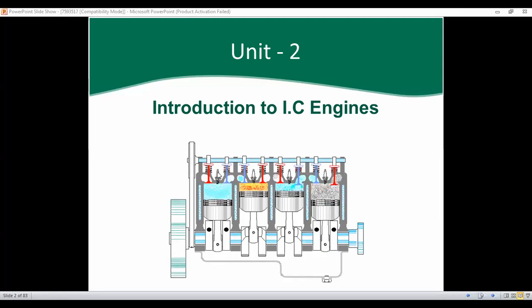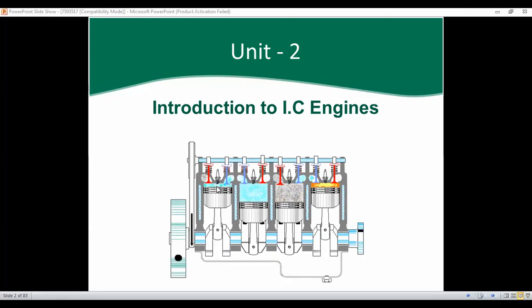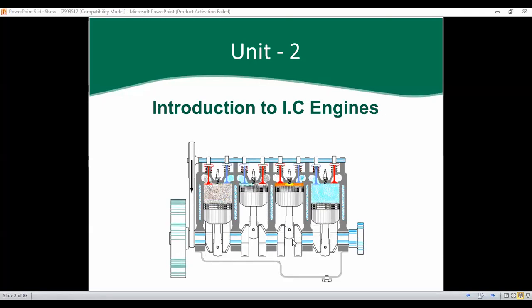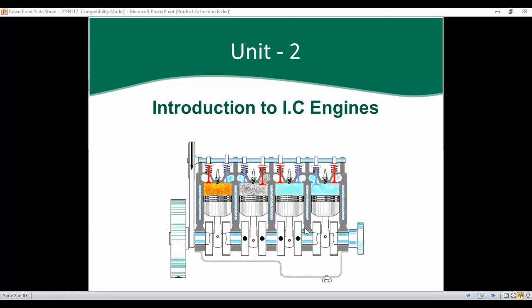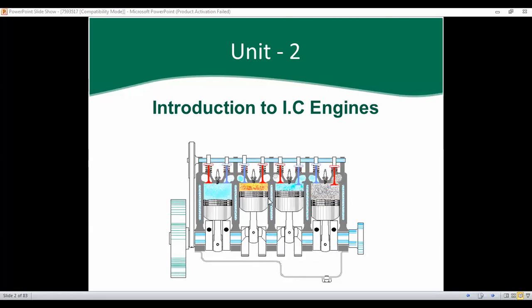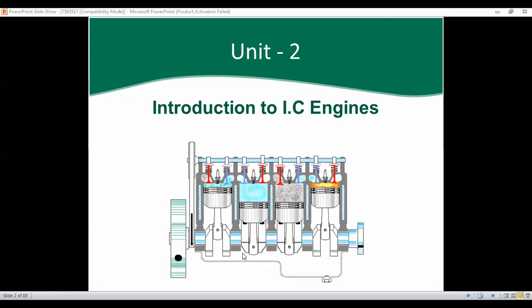This is your spark plug here. So 1, 2, 3, 4. We can say that this is a 4-cylinder IC engine. One flywheel is there, and 4 pistons and cylinders are there. This one is called the crankshaft.